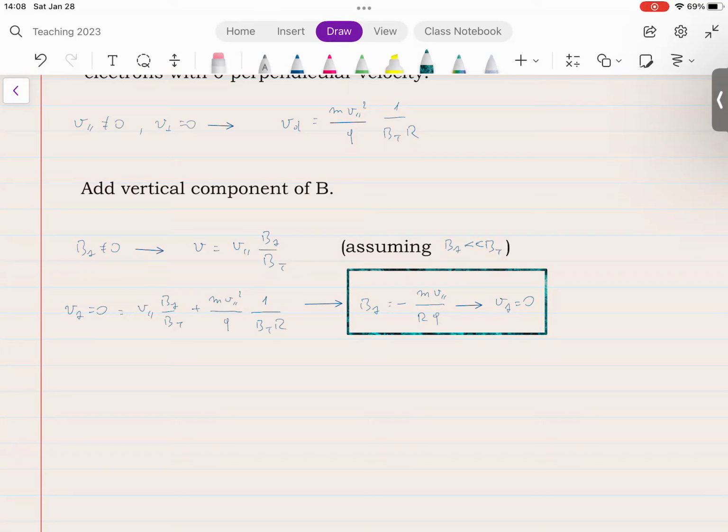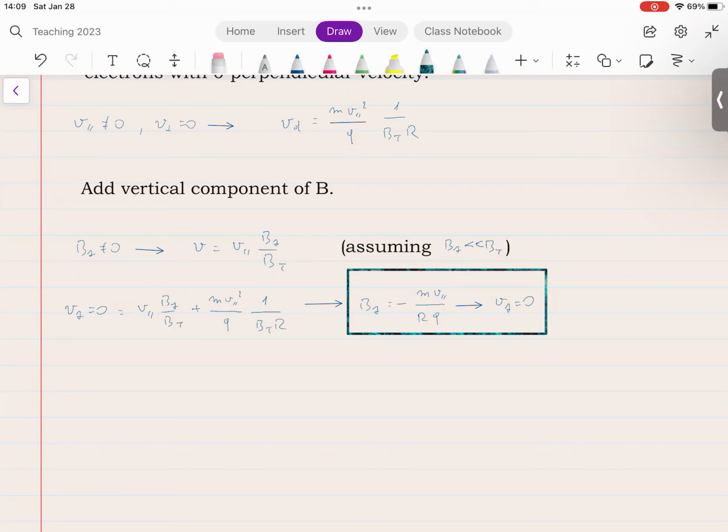Actually, obviously now, this doesn't work. And the reason why it doesn't work is that I can fix it if I have the right amount of vertical field, but the right amount of vertical field depends on the parallel velocity of the particle and on the charge of the particle.